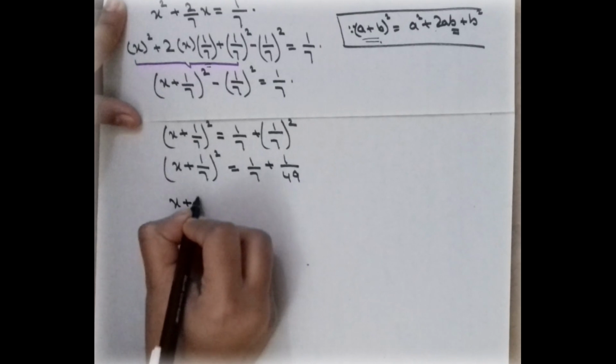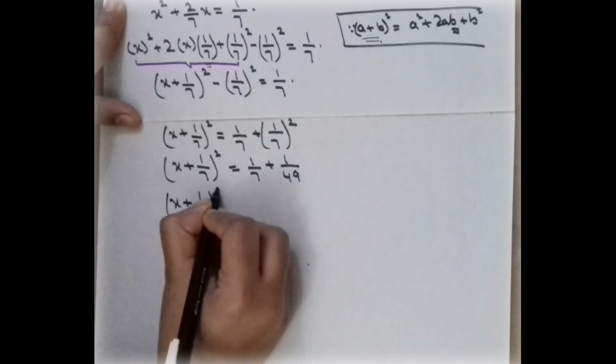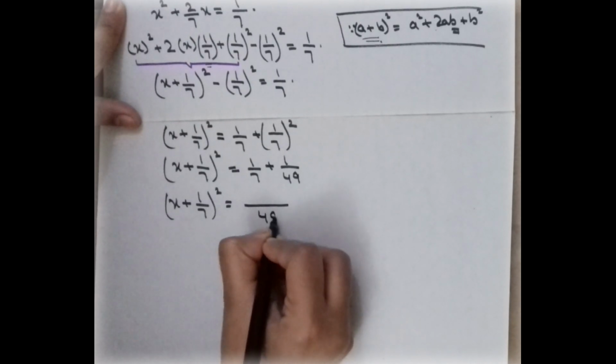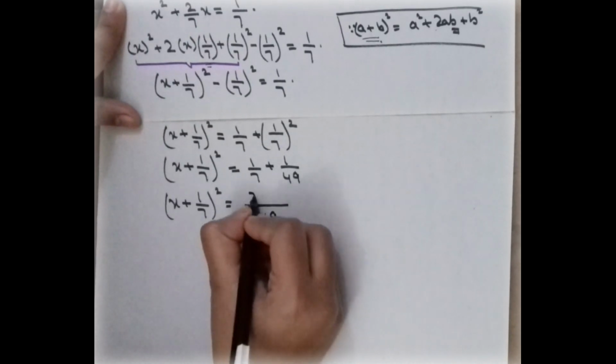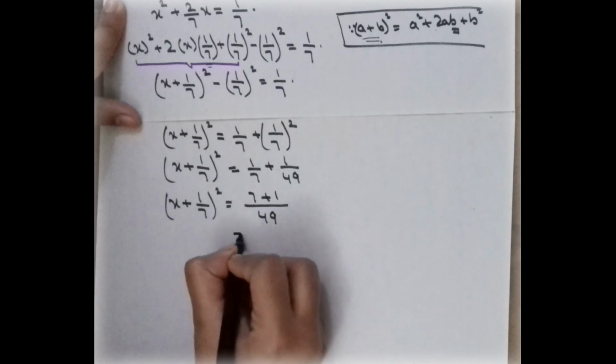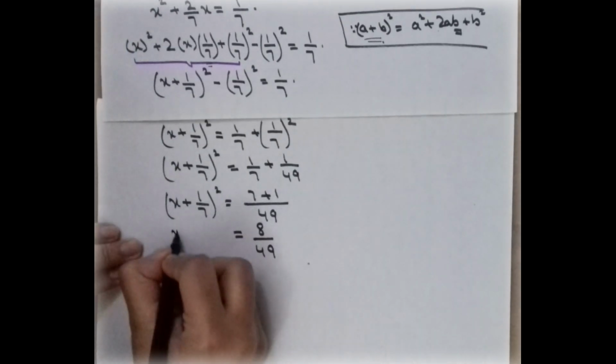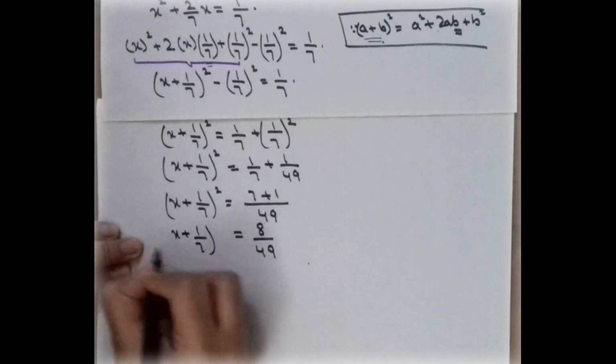Now, taking the LCM 49, this will be 7 plus 1, which equals 8 over 49.